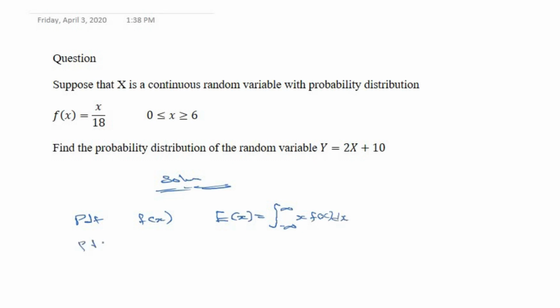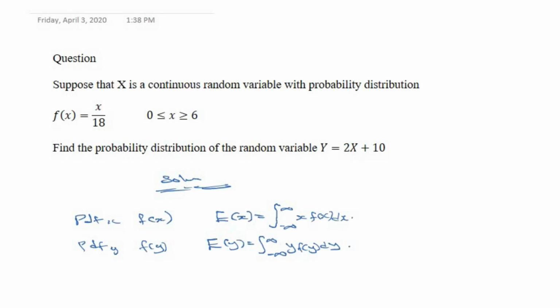For y also, with a function f of y, the expected value E of y is given as the integral from minus infinity to infinity of y f of y dy. These are the rules that we are going to apply to solve this question.